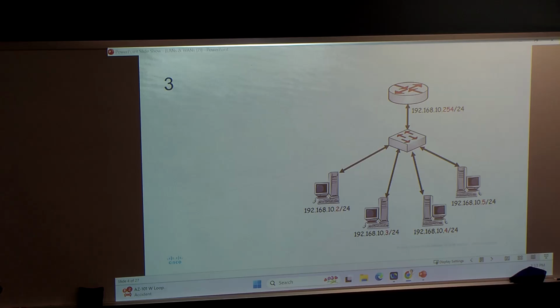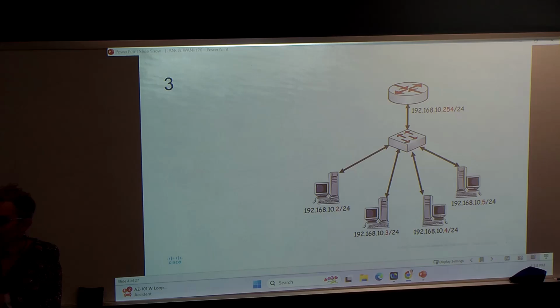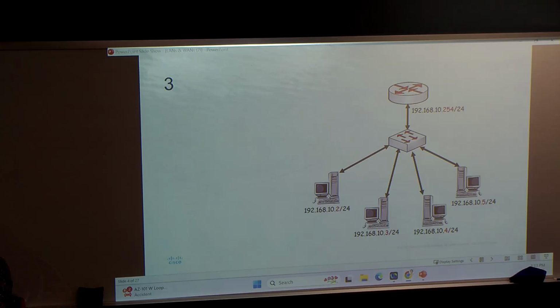Okay. What does this look like? It looks like a LAN, right? Okay. And what does it cause you to think of? So we know it's a LAN, right? Yeah, it is a topology.